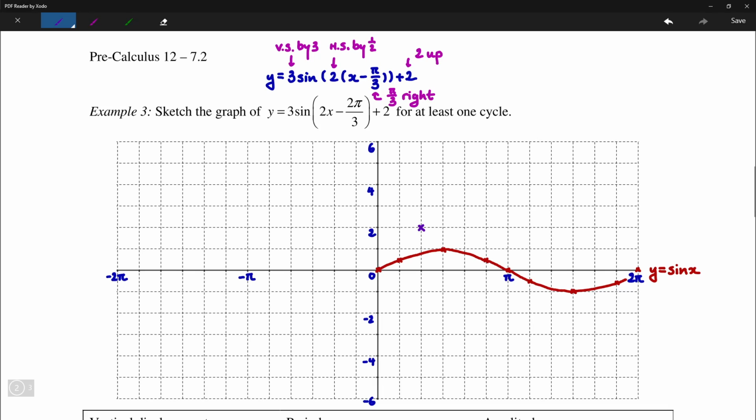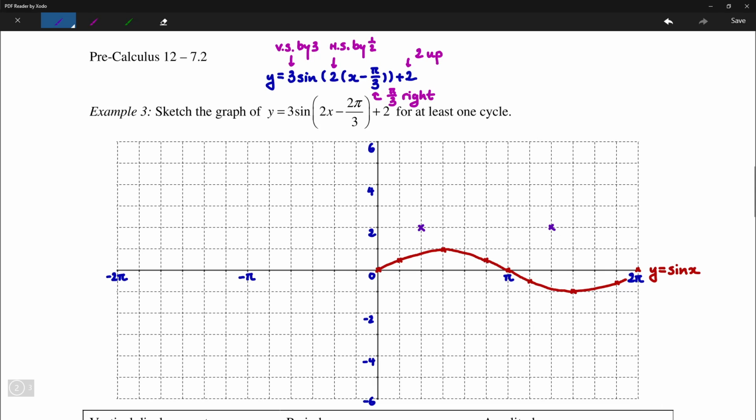Now, we know that the period is pi for the new function, and pi is 6 spaces wide on this graph. So this is the beginning, and we know already that 1, 2, 3, 4, 5, 6, the graph is going to end at this spot because the period is pi.